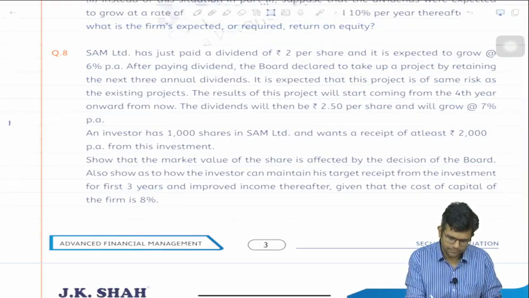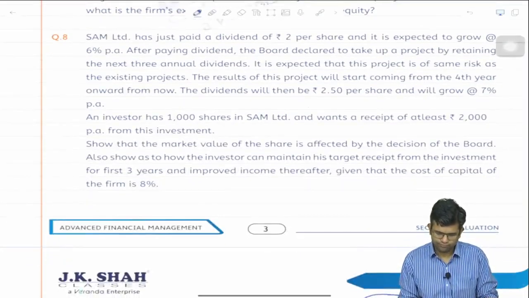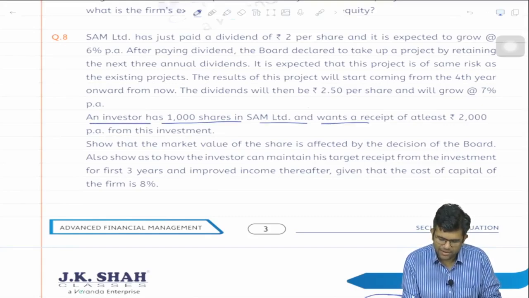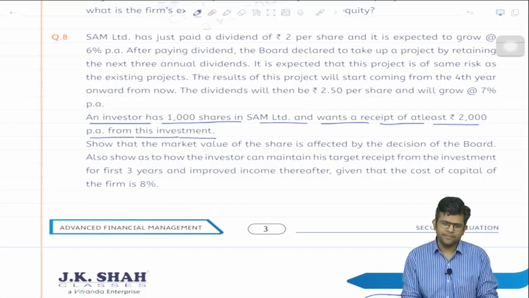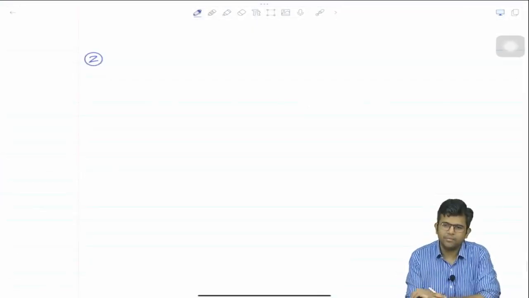An investor has 1,000 shares in SAM Limited and wants a receipt of at least 2,000 from this investment. Okay. Now, point number 2.